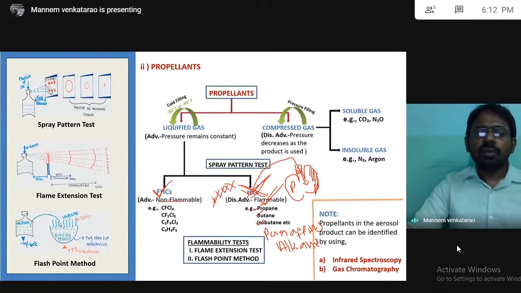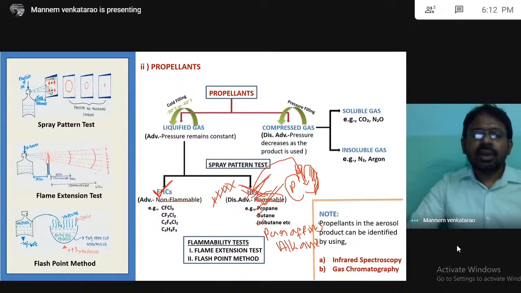That is non-flammable. It cannot produce fire, and it cannot produce irritation to the mucous membranes of the lungs. That's why this is most preferable for inhalation purpose and also topical purpose, whereas hydrocarbons are preferable only for topical purpose but not for inhalation purpose due to their disadvantage, that is the flammable property.